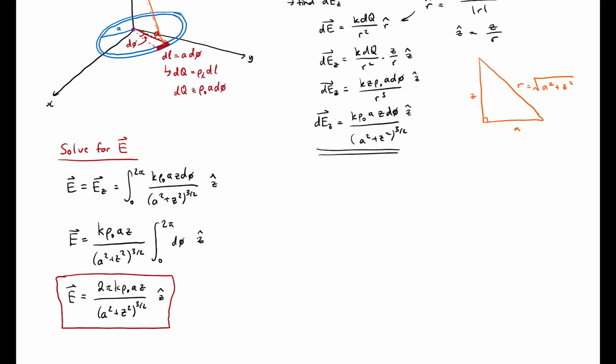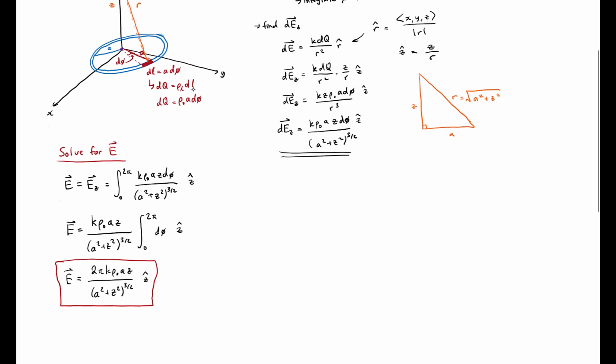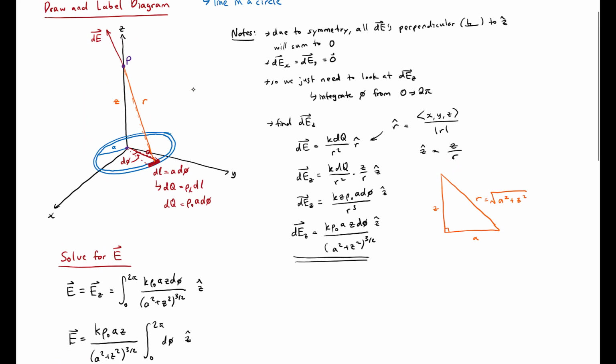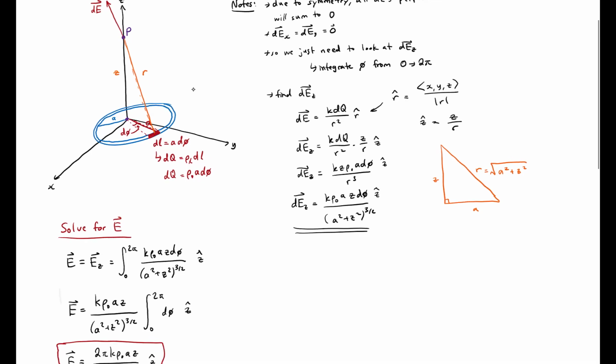So as you can see, this question was a lot more straightforward and required a lot less work. And that's all because we were able to set dEx and dEy to 0, or else we would have to do all the calculations for all 3 directions.